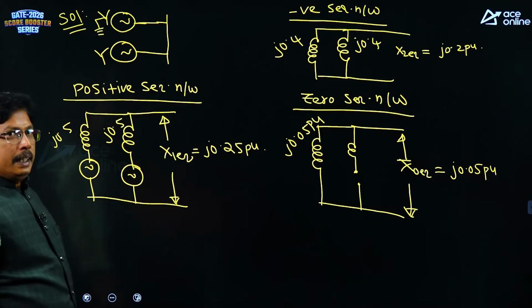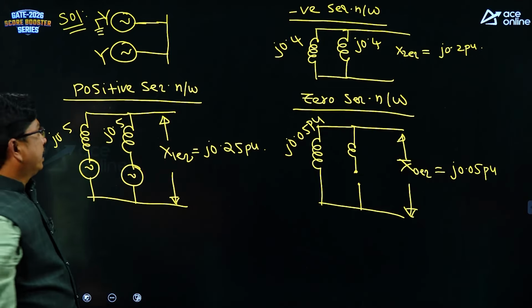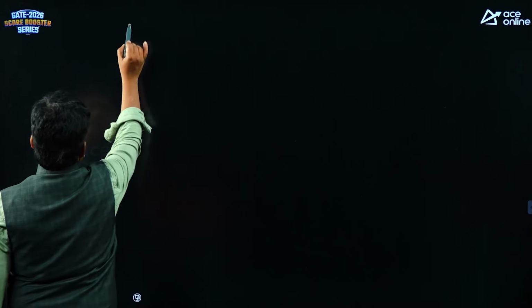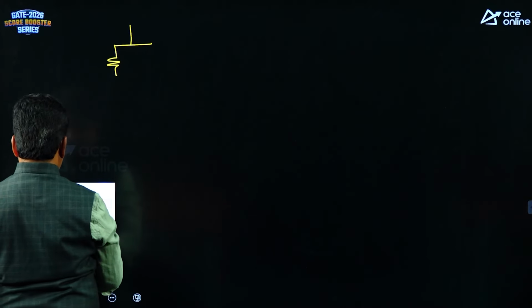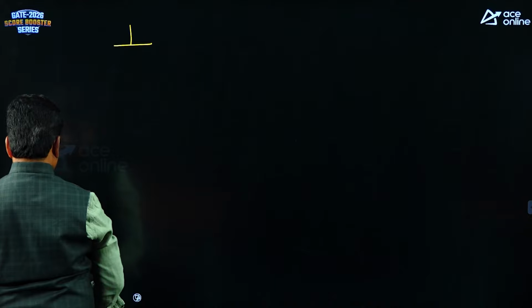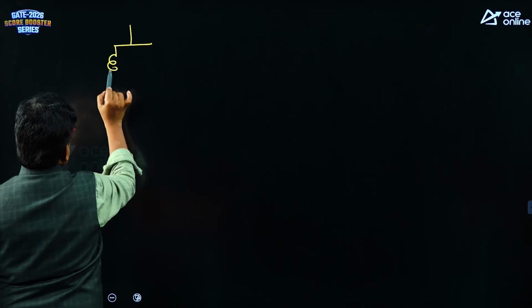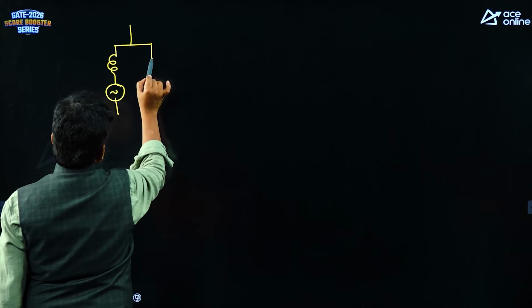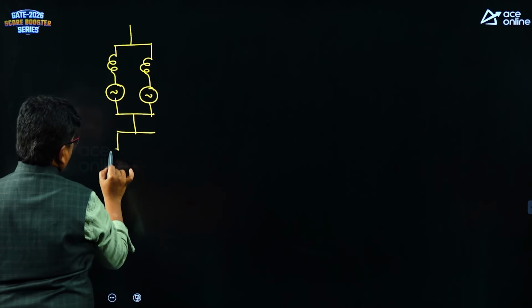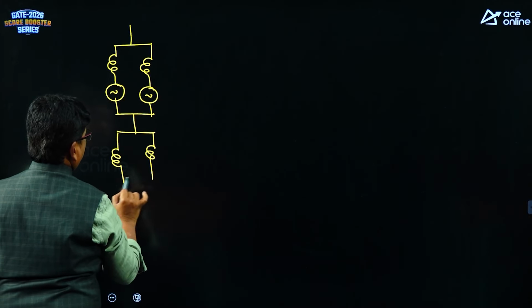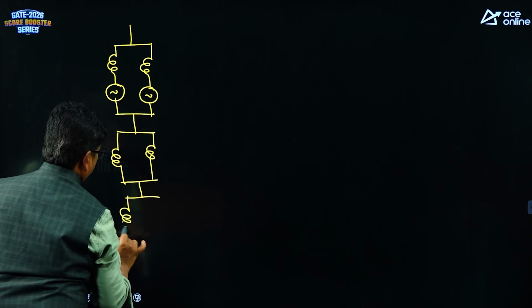Now, for LG fault, you have to connect all the three sequence networks. The positive sequence network and negative sequence networks you can connect here, and the zero sequence networks.